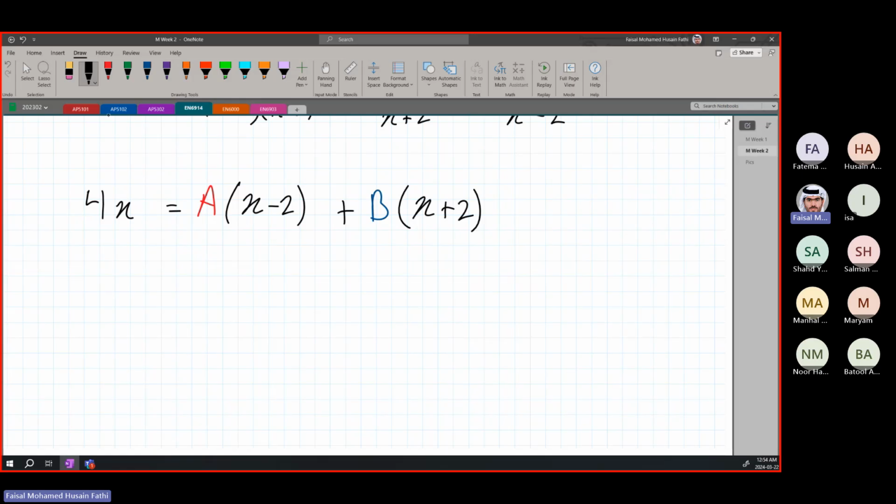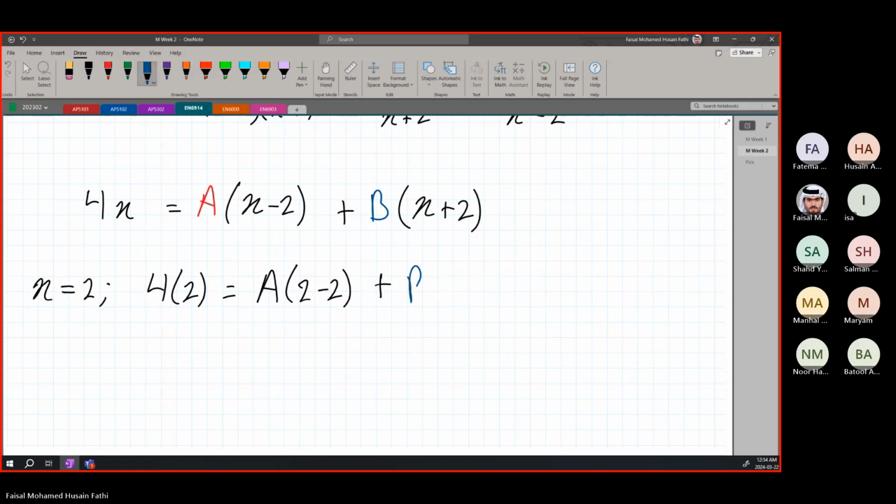Here you can do either method. If you notice, you can quickly cancel terms, so you can use the substitution method. For example, you could say x is equal to 2 and it will cancel the first one. So when x is equal to 2, 4 times 2 is equal to a into 2 minus 2 plus b into 2 plus 2.